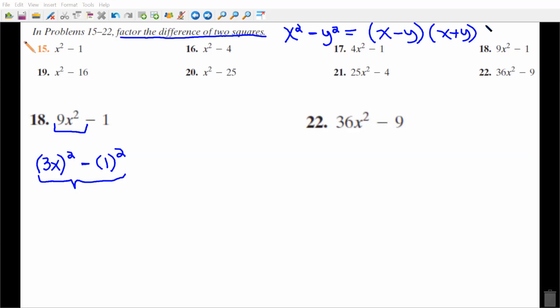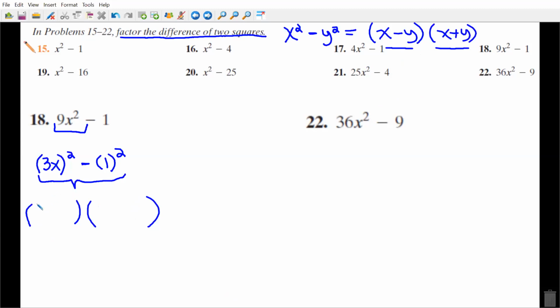Now, Nicole, it says factor the difference of two squares, okay? And you have 3x squared minus 1 squared. Teacher, I have a question. Give me a second. You need to use two parentheses. That's what we have over here. Two parentheses. And then write the first term.